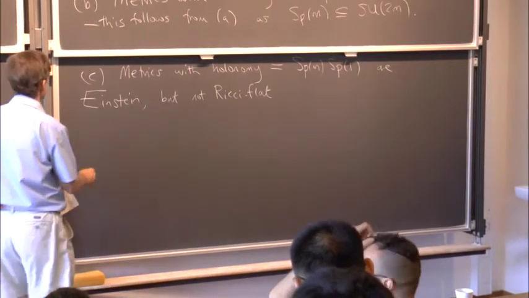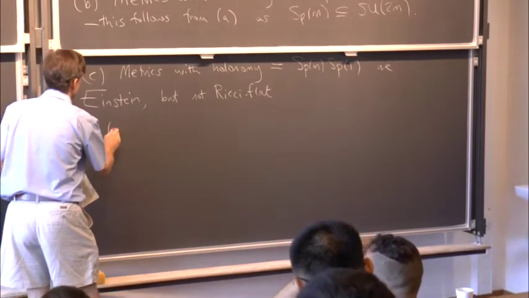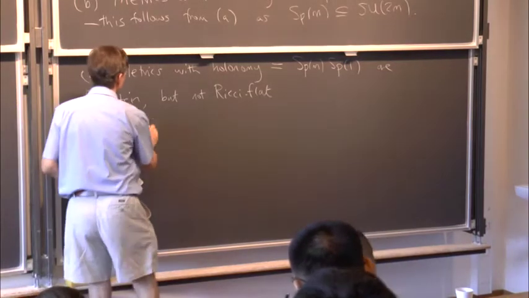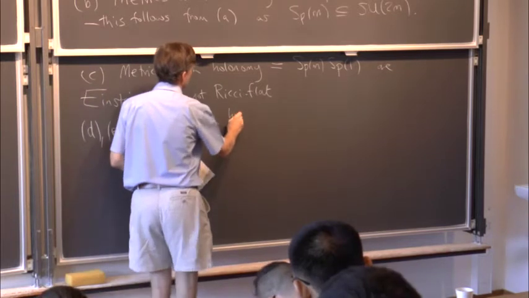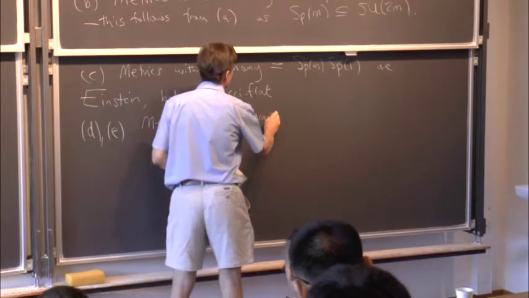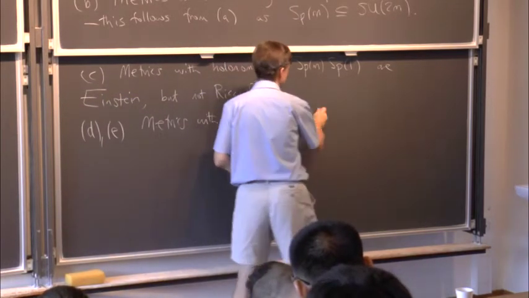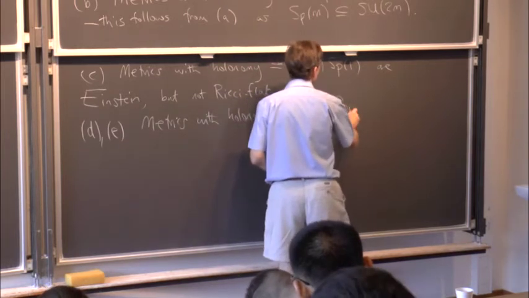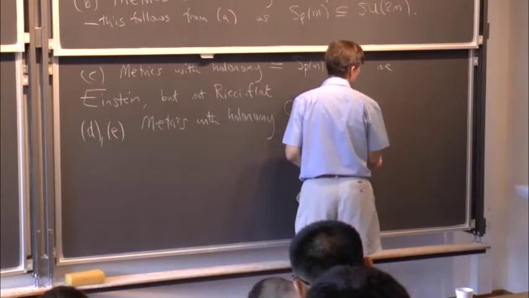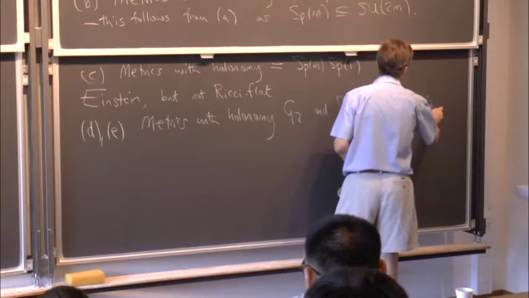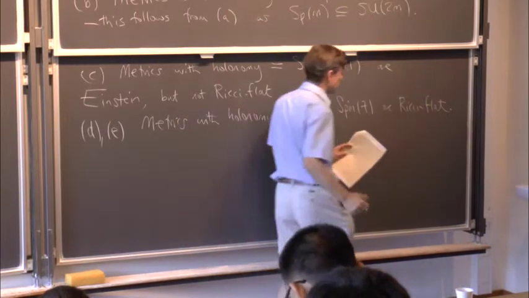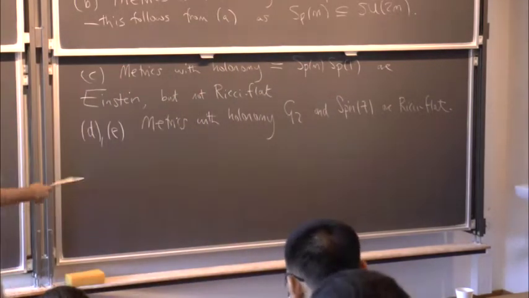And then finally D and E, let's say, metrics with holonomy G2 in 7 dimensions and Spin(7) in 8 dimensions are also Ricci flat. Okay, so that's kind of nice.